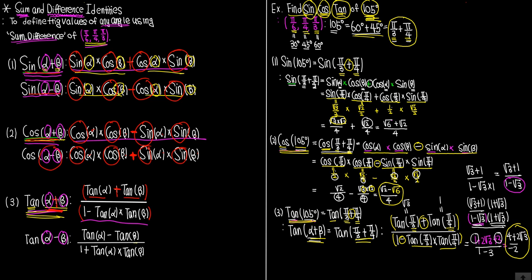In the denominator, using the property of cosine, when it's plus, it will be minus, and it always starts off with 1 minus the tangent of alpha times the tangent of beta. And when it is alpha minus beta, that is the difference identity for tangent, it will have exactly the same value except for the opposite symbols. And these are the sum and difference identities.